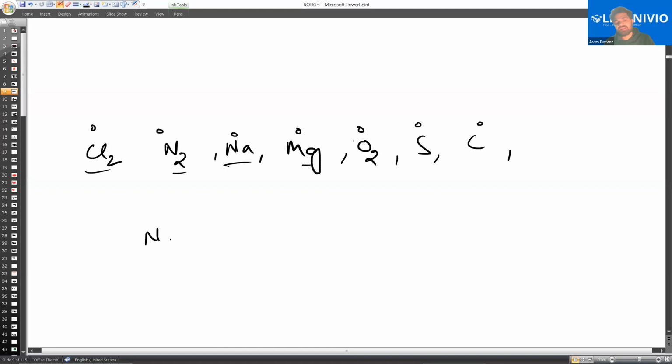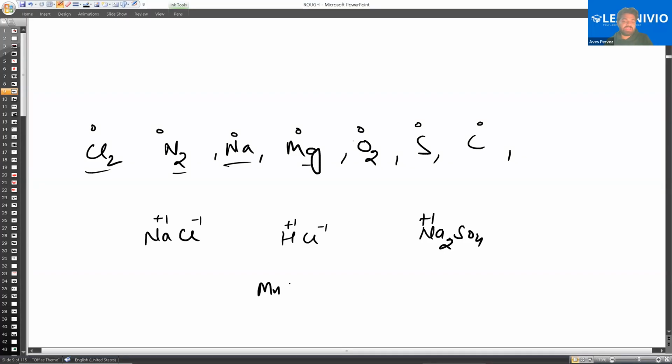But when written in a compound like NaCl, Na has +1 oxidation state and Cl has -1. In HCl, it is +1 and -1. In Na2SO4, sodium has +1 oxidation state. Got it? So this is the oxidation state.